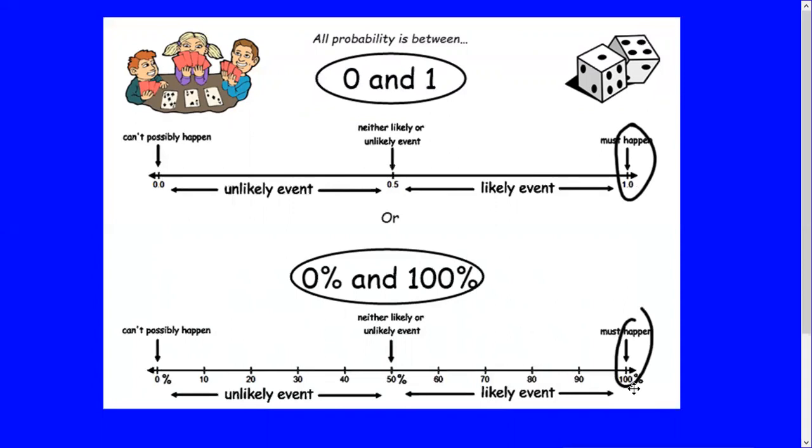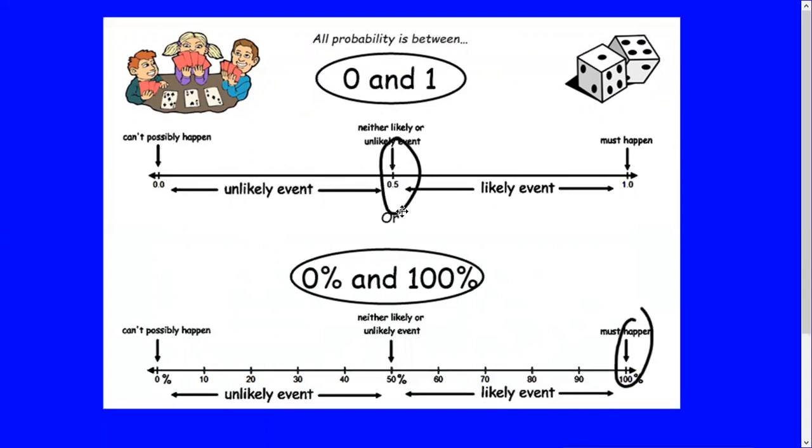Now, generally with probability, it's somewhere in between. If it's greater than half, then it's likely that event will happen. If it's less than half, it's an unlikely event. It probably won't happen. And if it's exactly 1/2, it's not likely or unlikely.